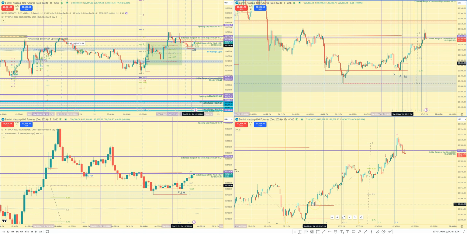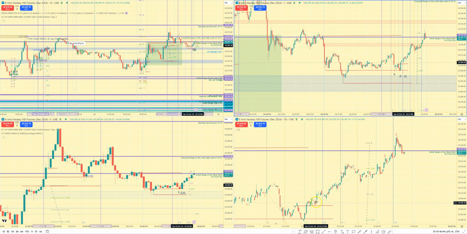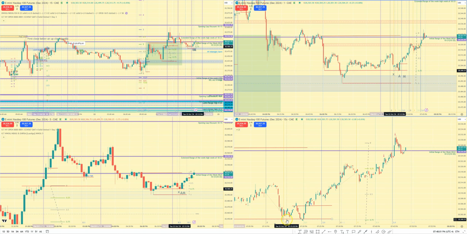I don't know if these little dashes should be considered a close, but even if it was, this little dash, this is a close down here. It would have been so close to that. It's the same thing, so it wouldn't have given anything. But yeah, it all played out.